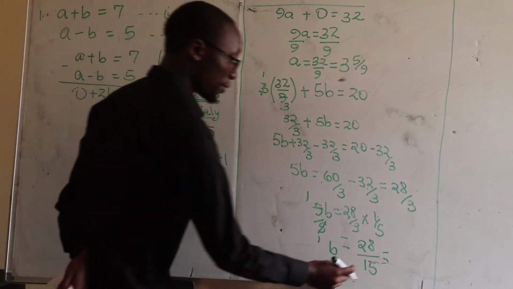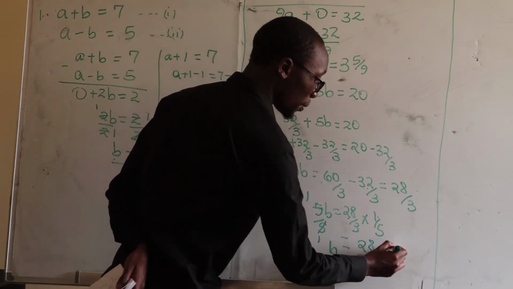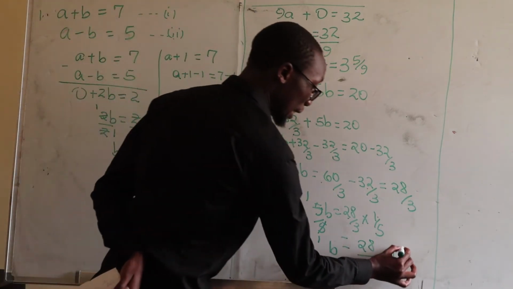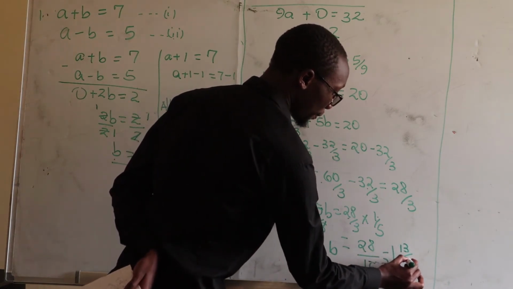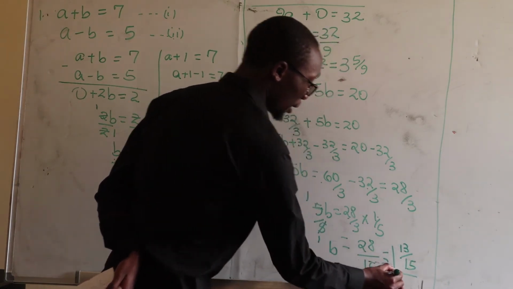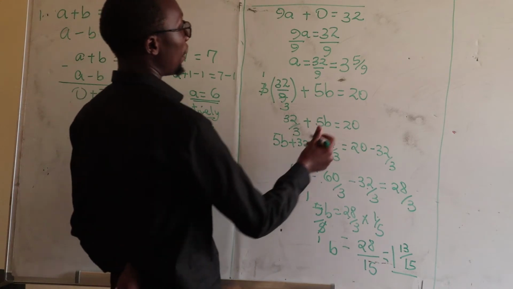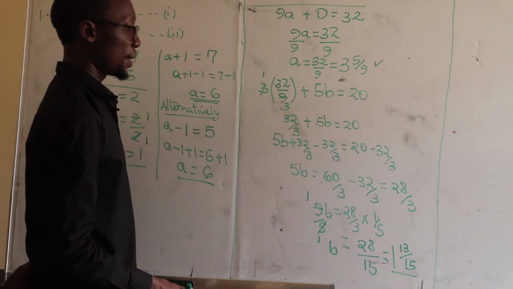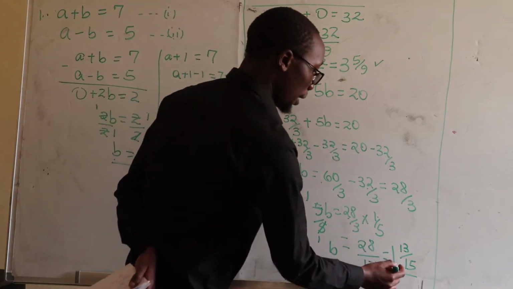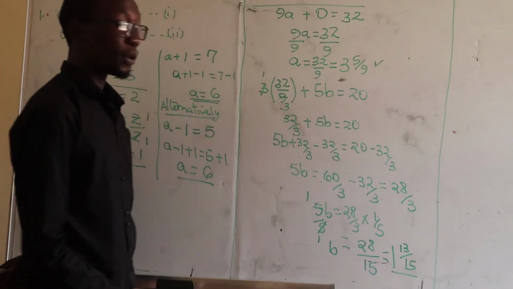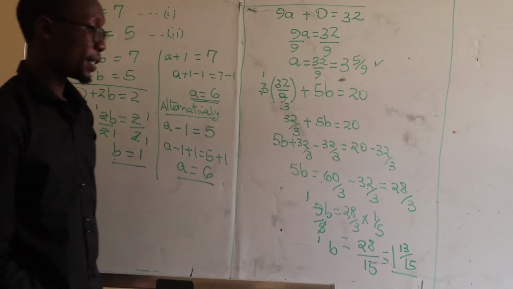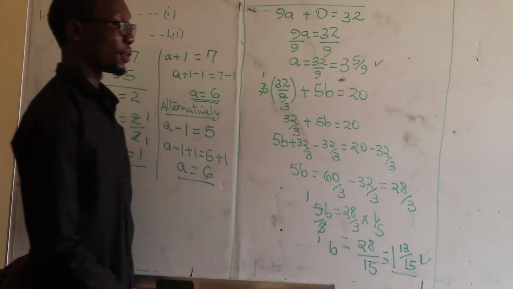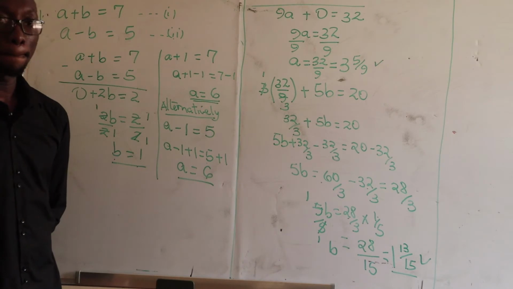Writing it as a mixed fraction, 15 goes into 28 once, and then you remain with 13 all over 15. So in this case, our A is equals to 3 and 5/9, and our B is equals to 1 whole and 13/15. So we have solved for A and we have solved for B.